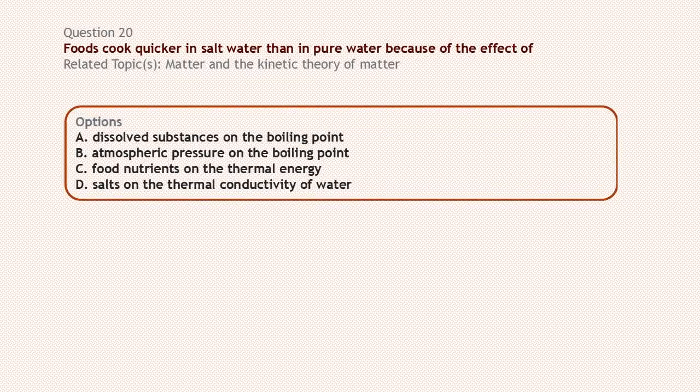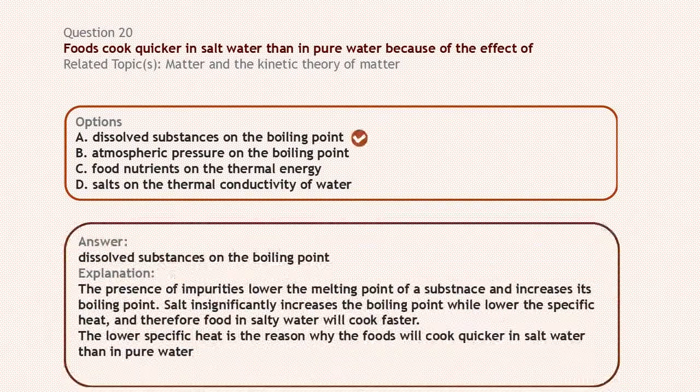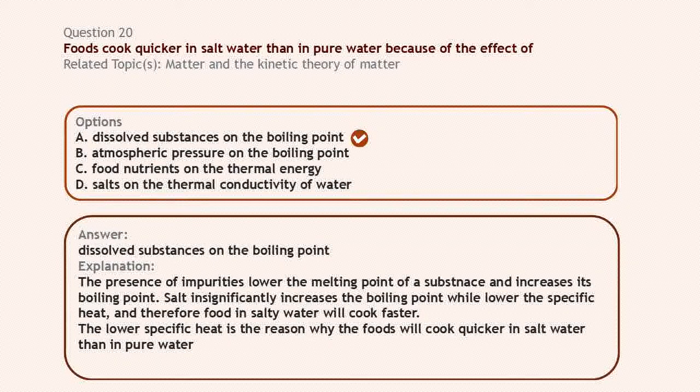Foods cook quicker in salt water than in pure water because of the effect of dissolved substances on the boiling point. These dissolved substances are impurities, and what impurities do is they lower the melting point and increase the boiling point. Now salt insignificantly increases the boiling point while it lowers the specific heat, and therefore food in salt water is going to cook faster.